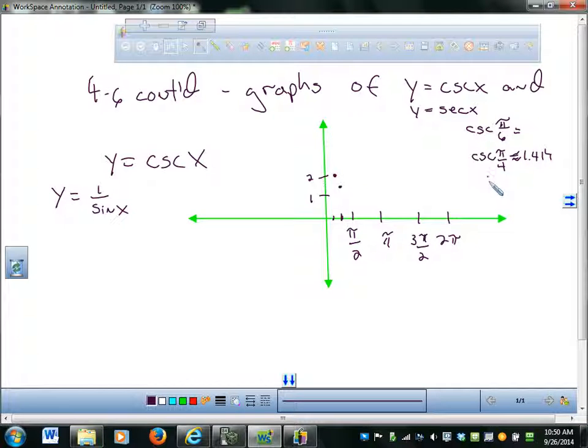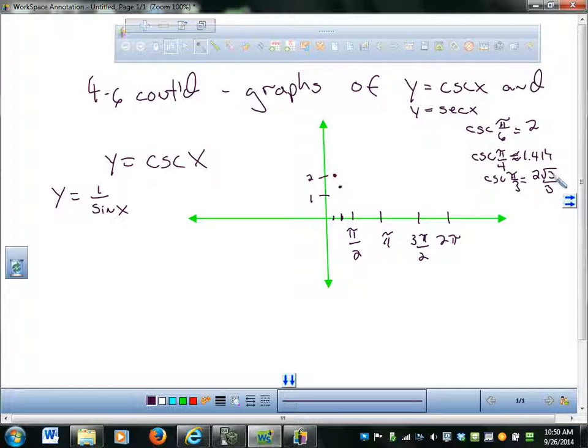When I get to cosecant of pi over 3, I think it's 2 root 3 over 3. Is that what it was? Yeah, when I simplify it, it's the reciprocal of root 3 over 2, so it's 2 root 3 over 3.